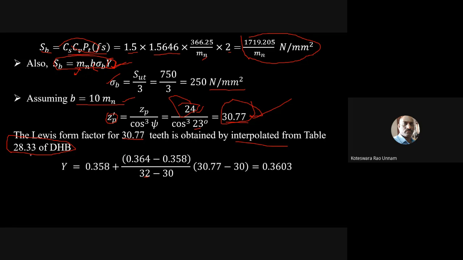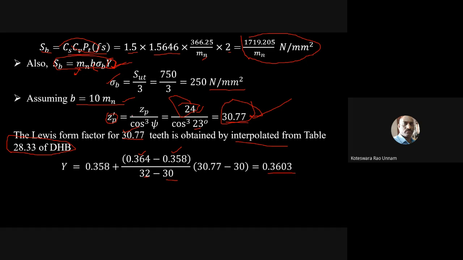For a 20 degree pressure angle and 32 teeth, your Y value is 0.364, and for 30 teeth it is 0.358. Now I'll use this interpolation formula to calculate the Lewis form factor for 30.77 teeth. If I do that, I'll get Y as 0.3603.